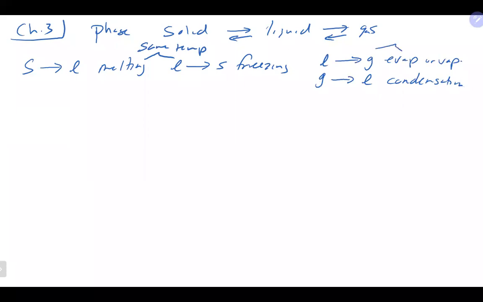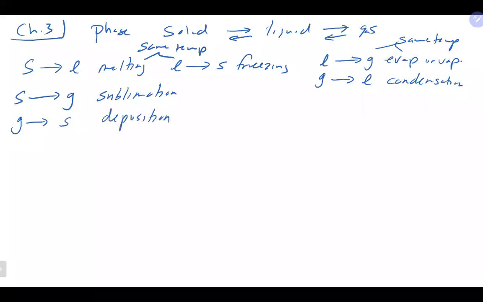These also occur at the same temperature, and that is the normal boiling point of a substance. You also could go directly from solid to gas, skipping the liquid phase, and that is what is known as sublimation. And going back from gas to solid, skipping the liquid phase, is deposition.